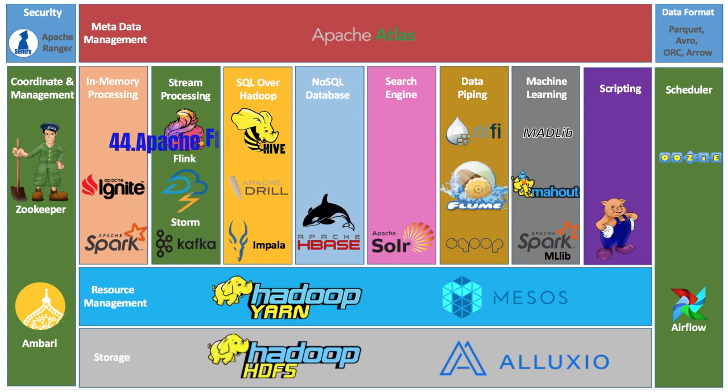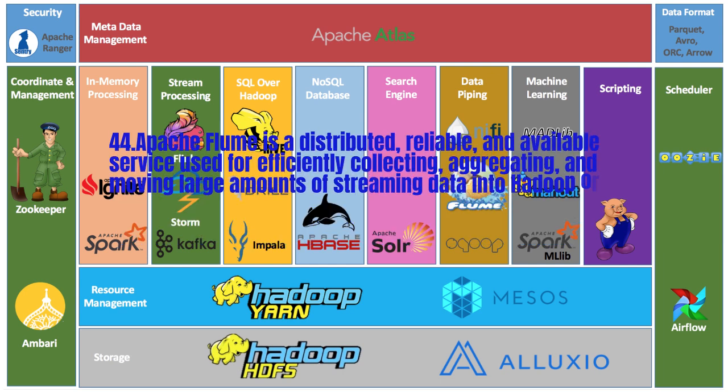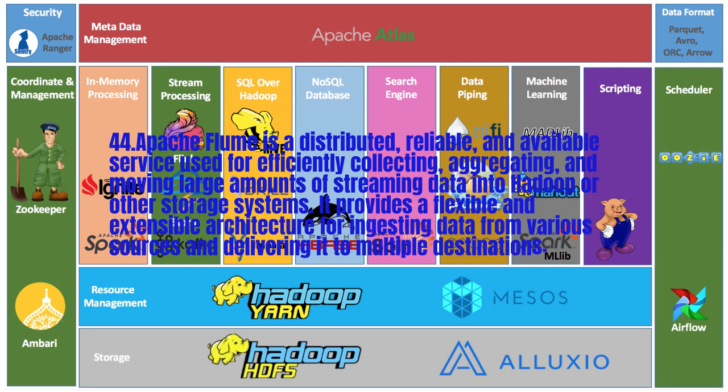Apache Flume is a distributed, reliable, and available service used for efficiently collecting, aggregating, and moving large amounts of streaming data into Hadoop or other storage systems. It provides a flexible and extensible architecture for ingesting data from various sources and delivering it to multiple destinations.